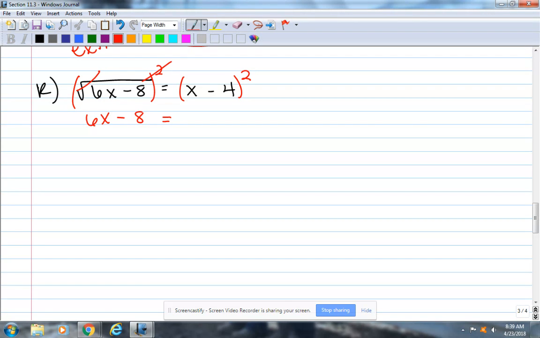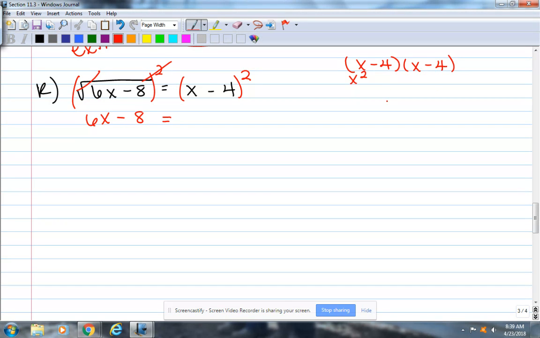Got it? Okay, so (x minus 4) squared means you take x minus 4 and you multiply it times x minus 4. So I would come over to the side somewhere and say x minus 4 times x minus 4. And we FOIL it, distribute it, whatever you want to call it. X times x is x squared.